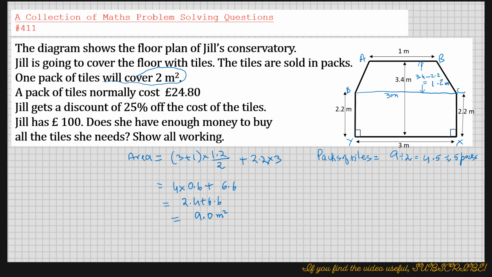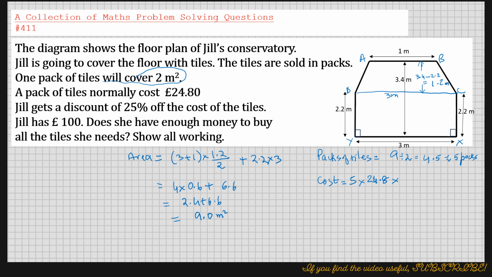So the cost of the 5 packs would be 5 multiplied by 24.8, and then there is a discount of 25%. Discount here means 25% off the cost.